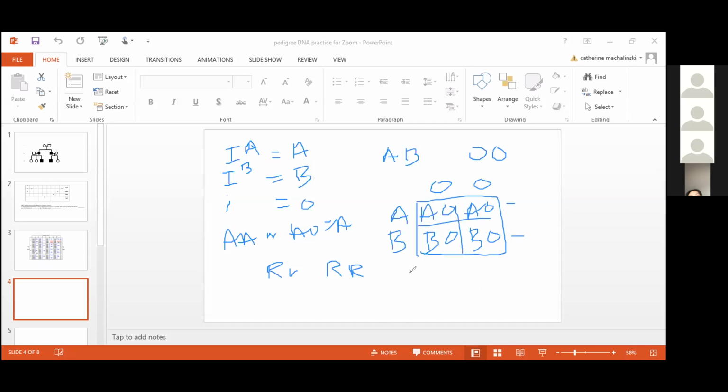The charts on slides 2 and 3. Oh, this was just more practice for DNA stuff. Is that what you're asking about?